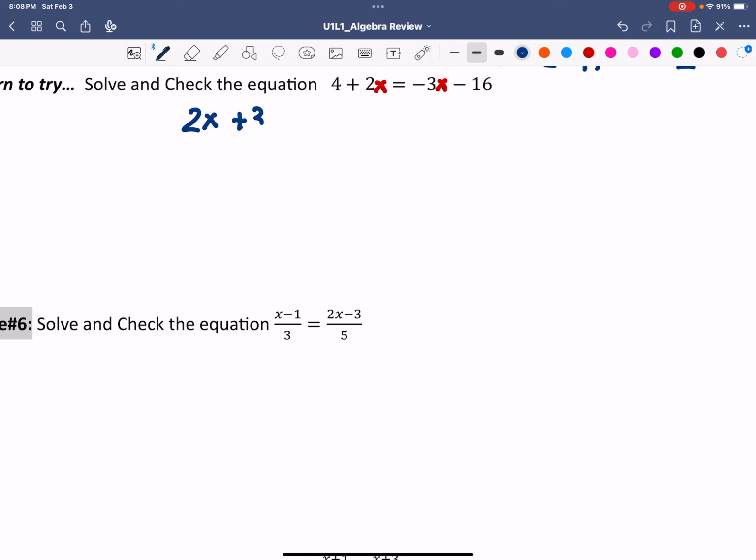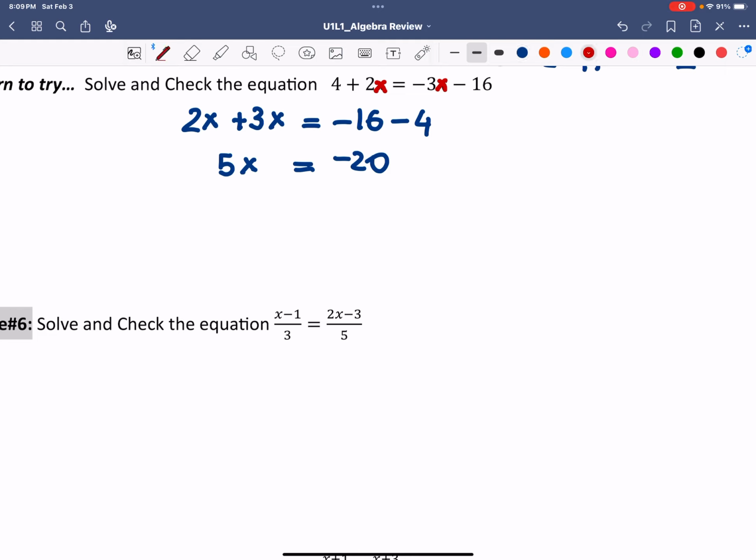We're going to take 3x from the right to the other side, which means the minus will turn into a plus. And then we have negative 16, which is already on the right side, so we don't change that. But 4 is coming from left to right, so number 4 is going to the other side, so it becomes negative. 2x and 3x simplify to 5x equals negative 20.